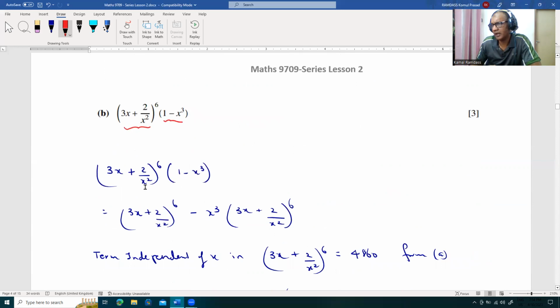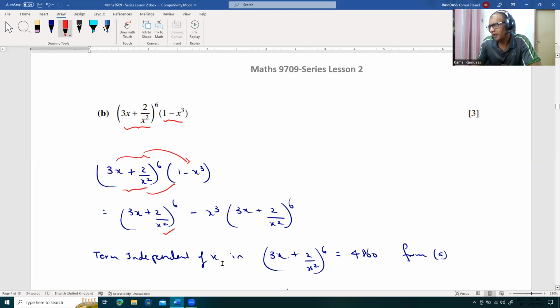Et les mots multiply, vous gagnez 3x plus 2 over x squared to the power of 6 minus x cube, parce que ça, voir ça, plus ça, voir ça, minus x cube times 3x plus 2 over x squared to the power of 6.